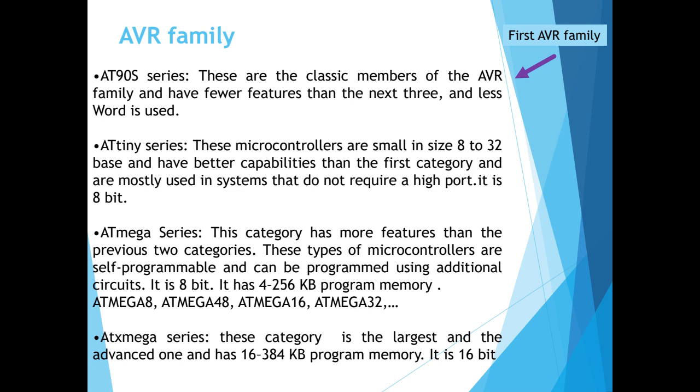About the tiny series, these microcontroller chips are small in size, and as I said, they use 8 to 32 pins, and have better capability than the first category, and are mostly used in systems that don't require a high port count. And also it includes 8 bits.